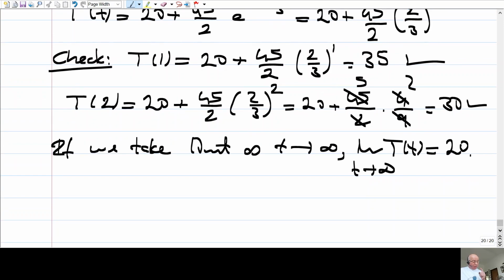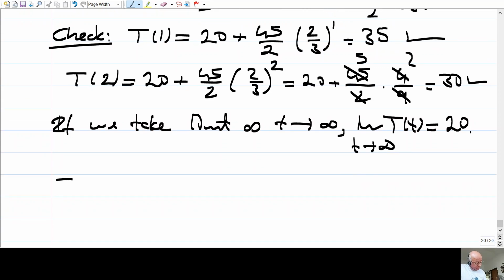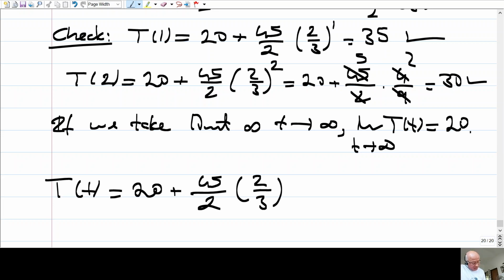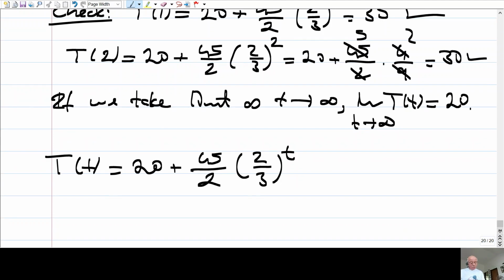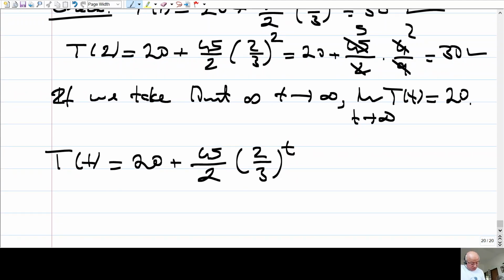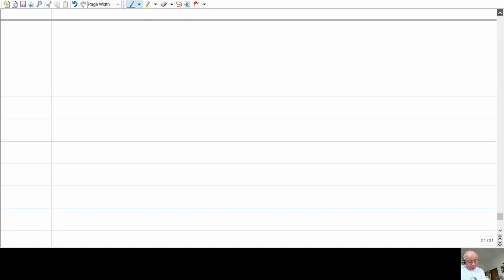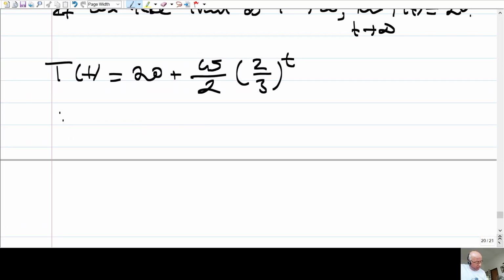Okay, so this is the correct function T(t). Let me write it one more time. 20 plus 45 over 2, 2 over 3 to the power t. Okay, we would like to learn the time of murder.